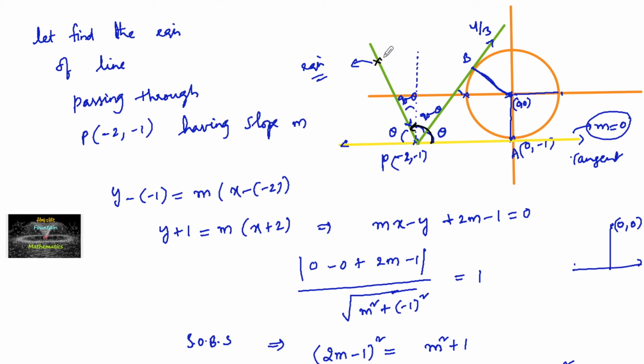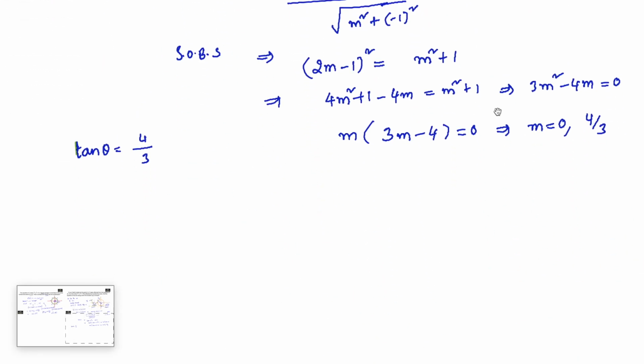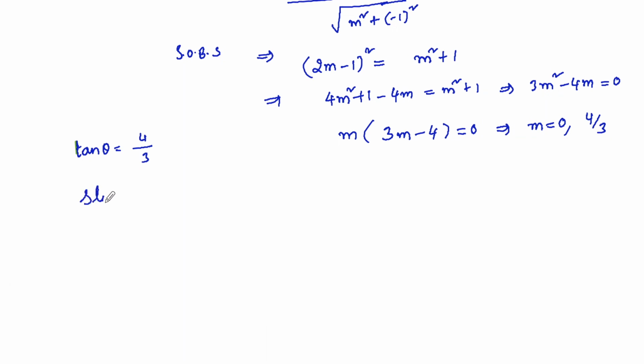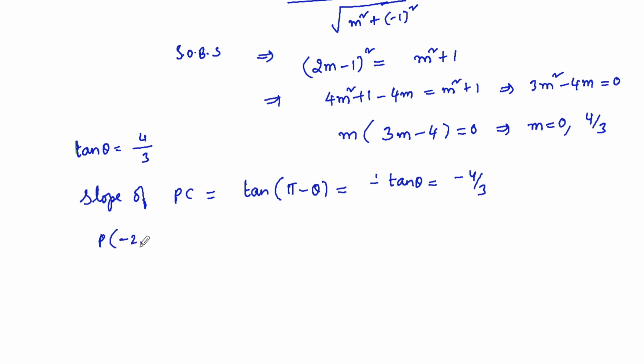Let me consider this point is C. So slope of PC can be taken as the tangent of the inclination, that is pi minus theta, which equals minus tan theta, that is minus 4 by 3. So we got the slope, and we know the point P, minus 2 comma minus 1.